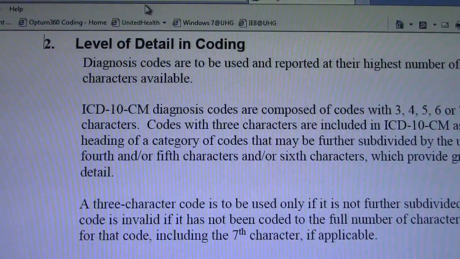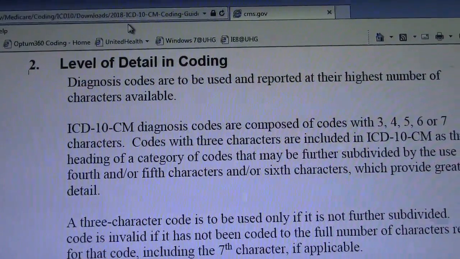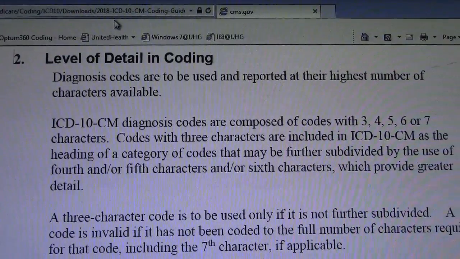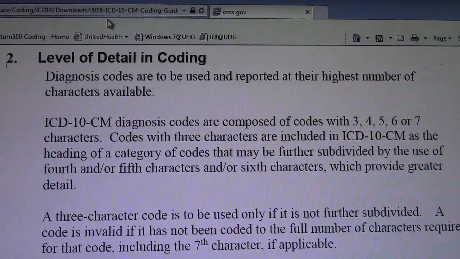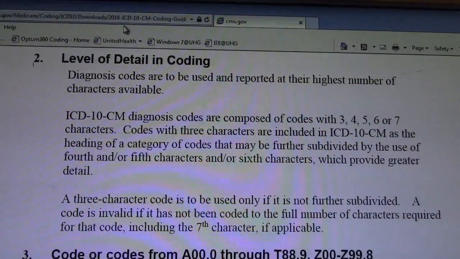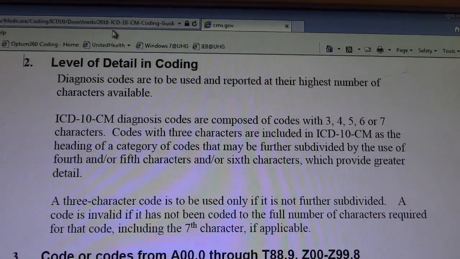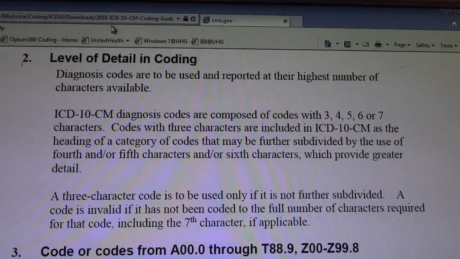We were talking about the level of detail in coding. Okay, we're at number 2, level of detail in coding. And it says, diagnoses codes are to be used and reported at their highest number of characters available. ICD-10-CM diagnosis codes are composed of codes with 3, 4, 5, 6, or 7 characters.